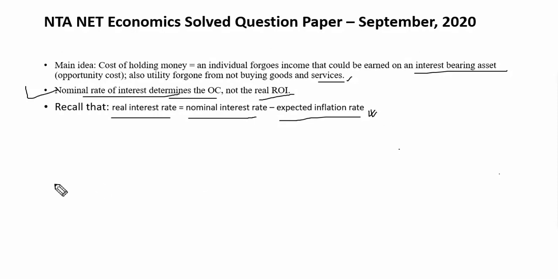So what is being said here is that we are not taking into account expected inflation in the case of the opportunity cost of holding money. We are using the nominal rate of interest for understanding the cost of holding money.